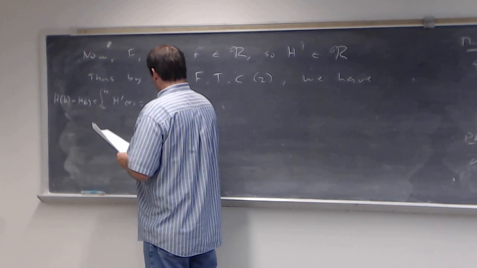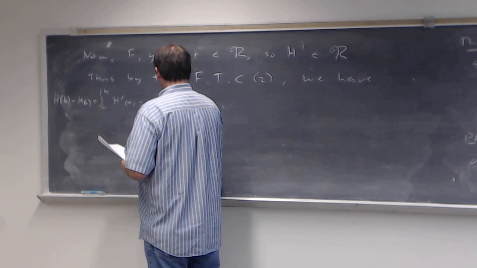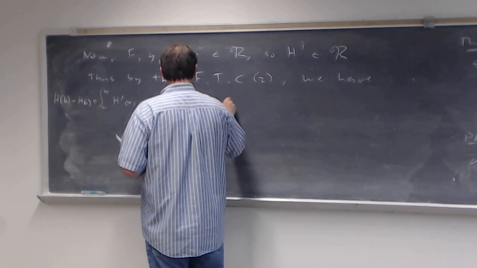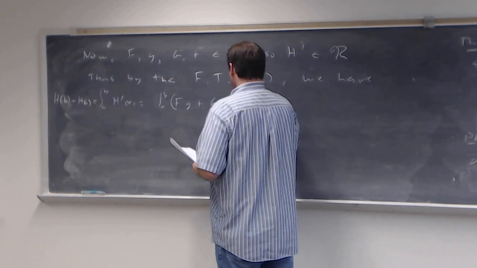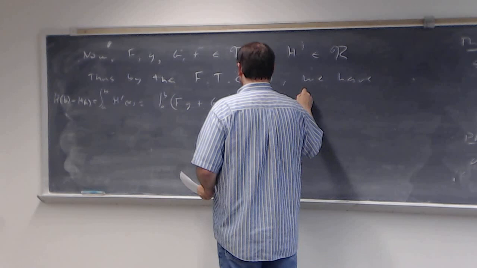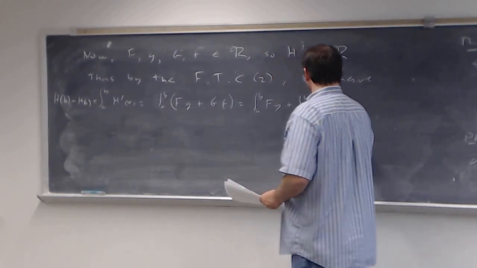This is equal to the integral from a to b, replacing h prime with what it's equal to, of big F times little g plus big G times little f, which of course we can rewrite as two integrals: the integral from a to b of big F times little g plus the integral from a to b of big G times little f.